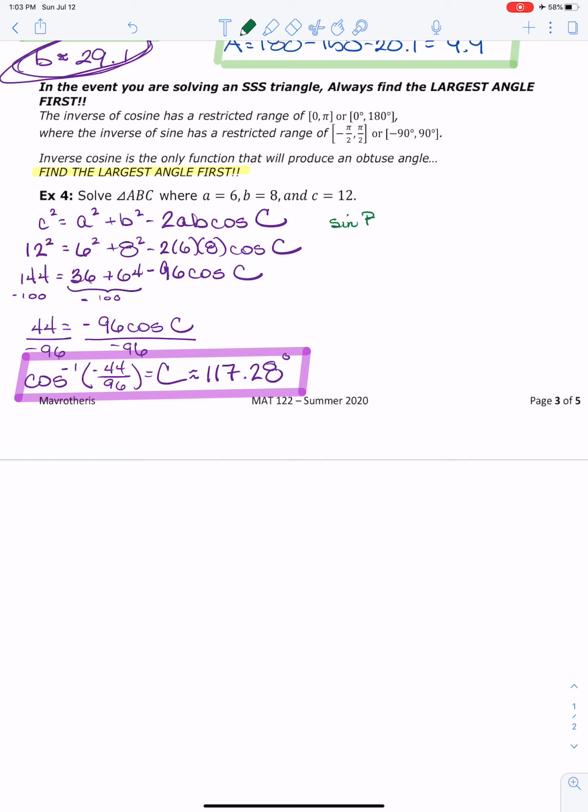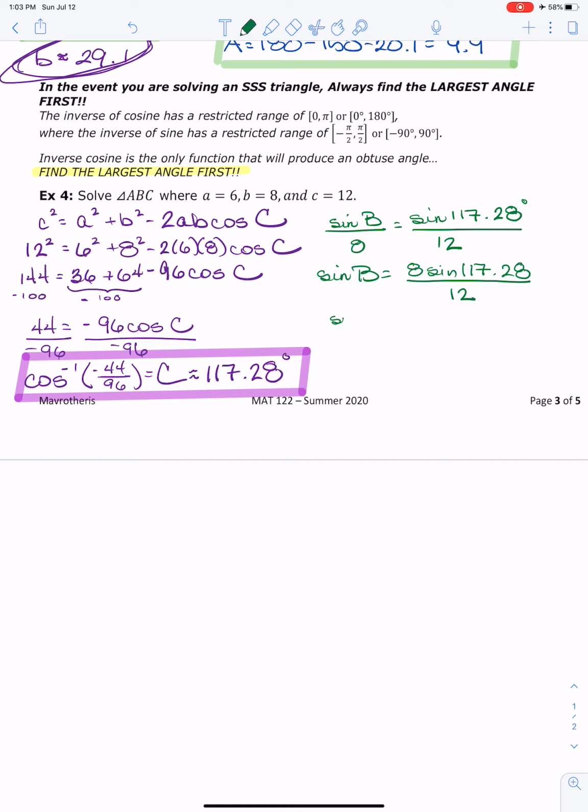So I've got the sine of angle B over the length of B, which is 8, equals the sine of angle C, which we just found was 117.28, I'll round that up in a minute, over C, which is 12. So the sine of B is 8 times the sine of 117.28, all over 12.